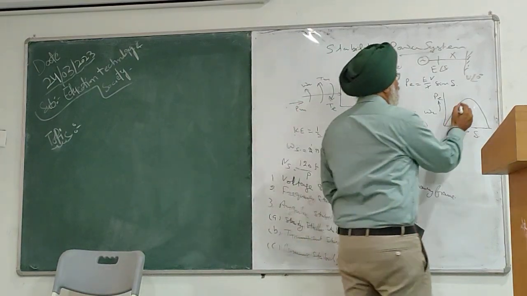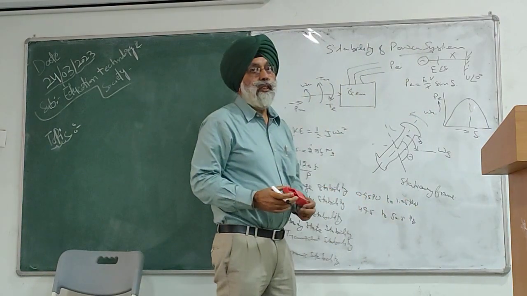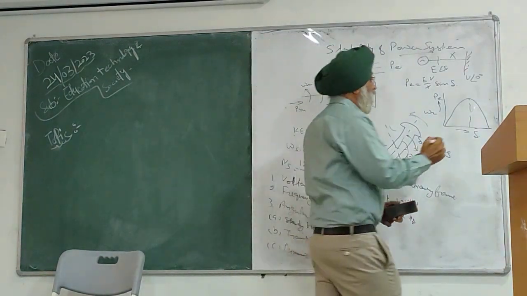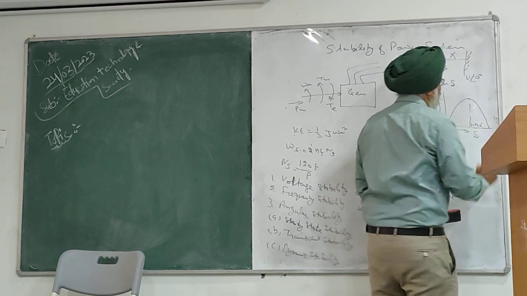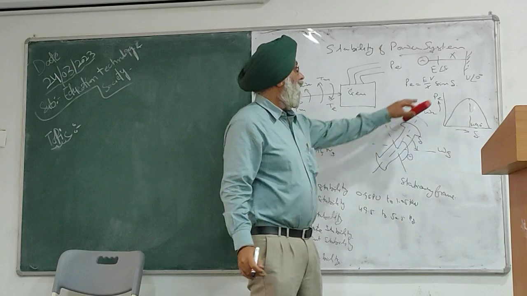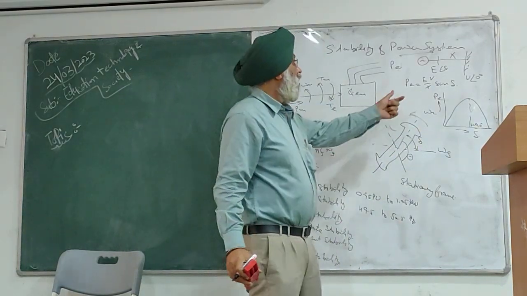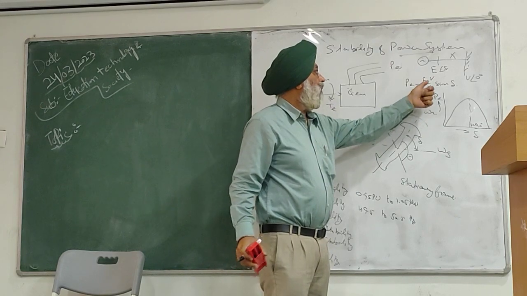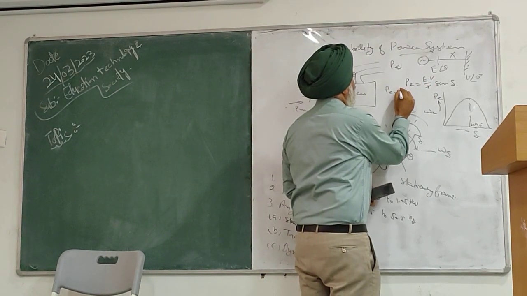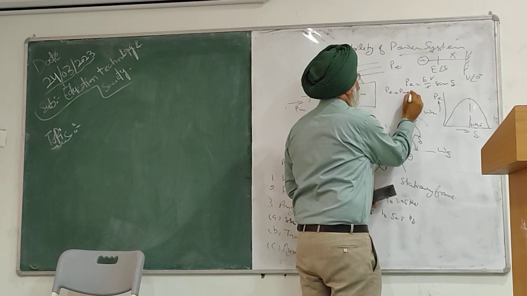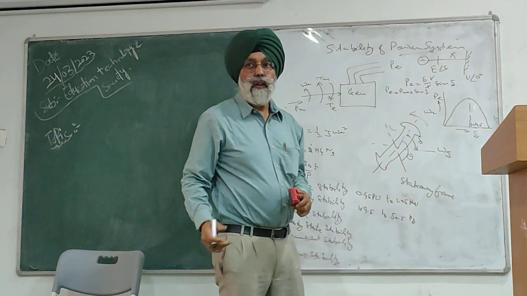And we have the maximum power which can be transferred from a generator when delta is equal to 90 degree. So when sin delta is 1, the maximum value of the power is P max. This is known as P E equals P max sin delta.